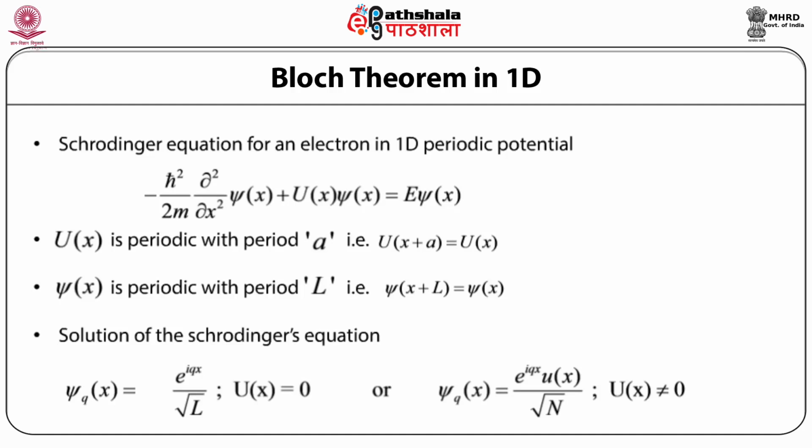Now if the periodic potential U(x) is not equal to 0, then the solution would look like φ_q(x) = e^{iqx} u(x) divided by root N. So you see here that this plane wave is now multiplied by a function u(x). The basic structure of the solution will still remain the same.